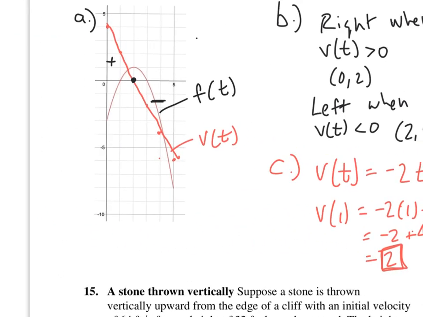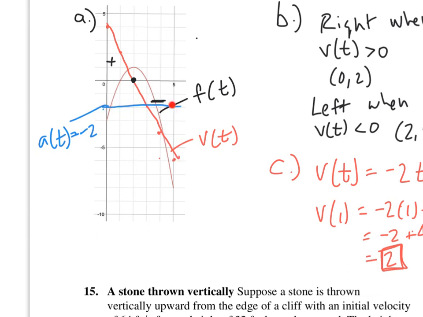So I want to take a look at our graph real quick. I am going to also graph my acceleration function, which is negative 2, so a of t is equal to negative 2. Because that's negative 2, I'm looking to see where my red graph is negative, and where my acceleration is also negative.